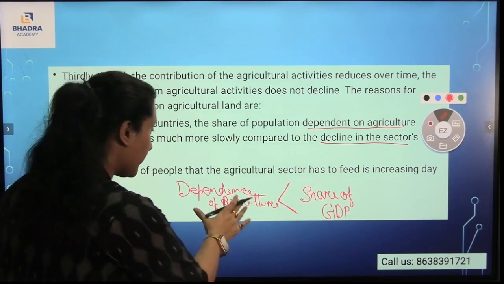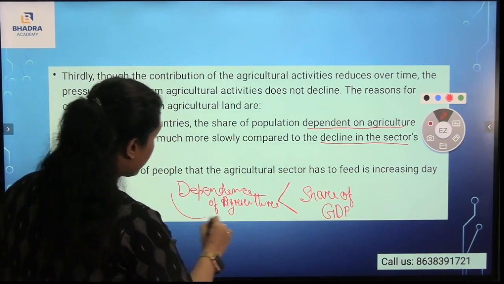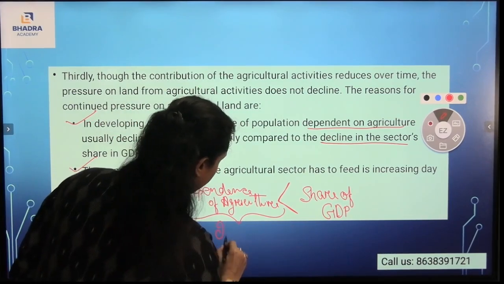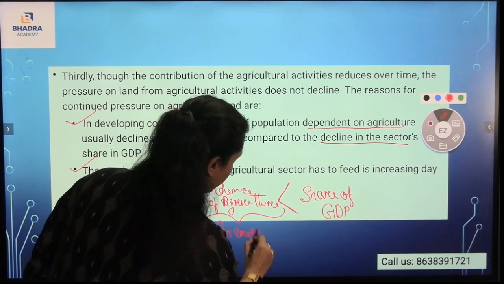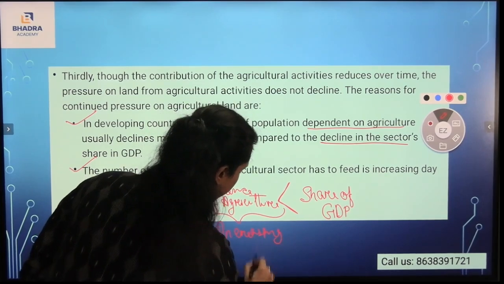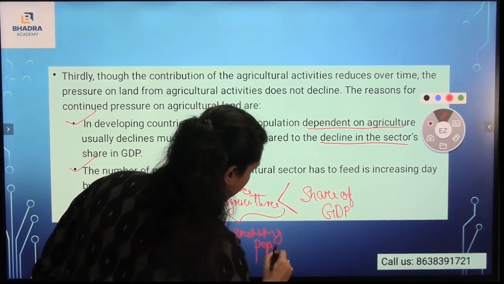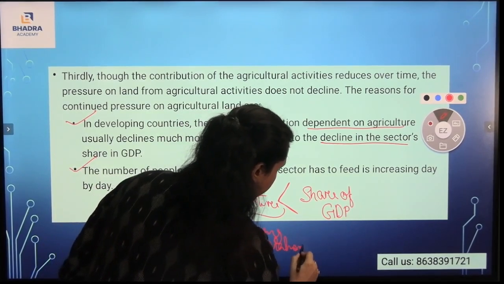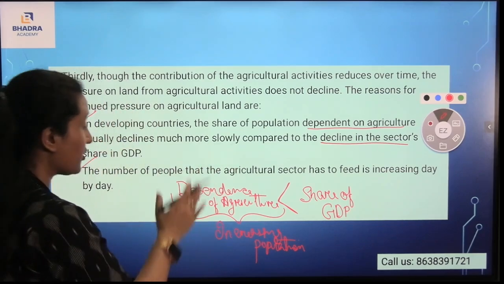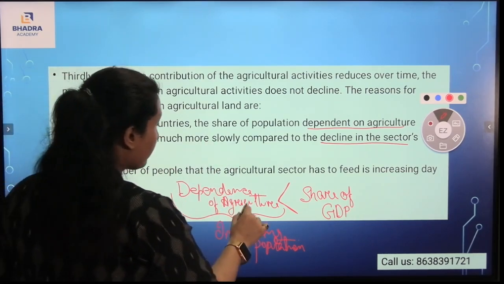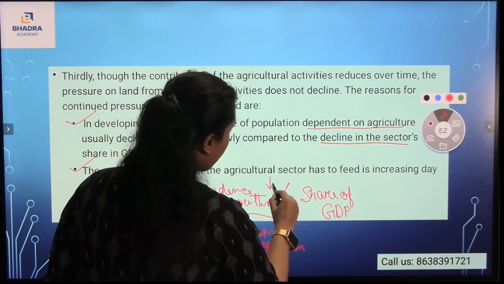Now, why will it be decreasing very slowly? Because, due to the increasing population, most of the people will still be dependent on agriculture. So as a result, the dependency on agriculture will be declining very slowly.